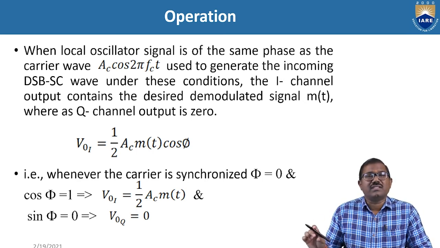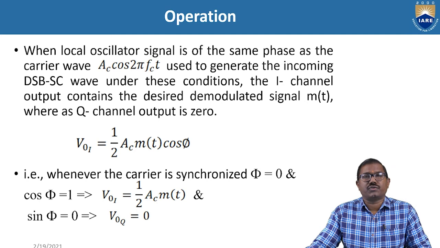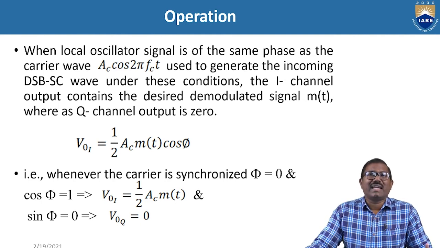So in the upper channel, we get the output of one coherent detector, that is V naught of I, which is equal to 1/2 Ac m of t cos phi. Whenever the carrier is synchronized, that phi is equal to 0. There is no difference or no error.